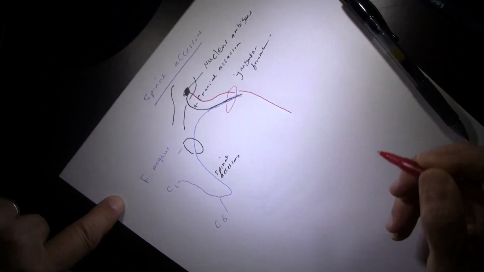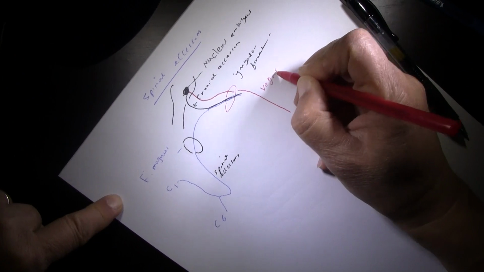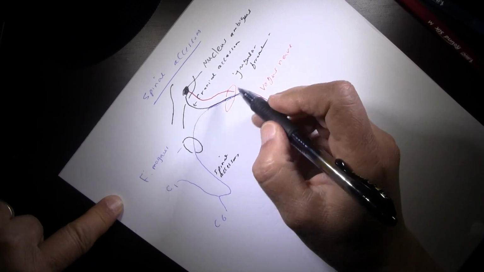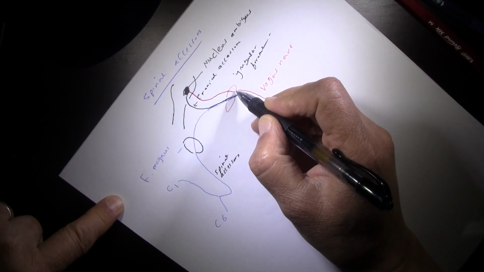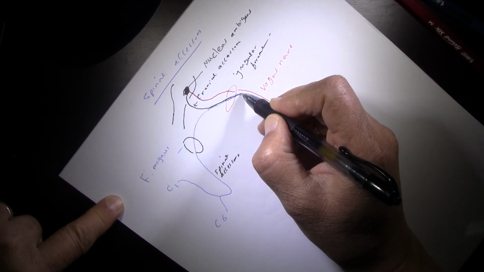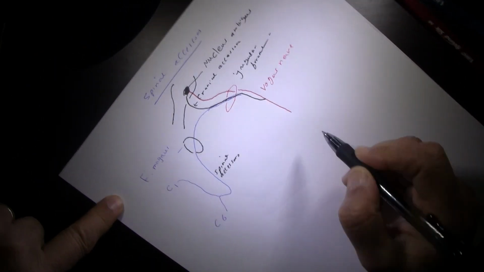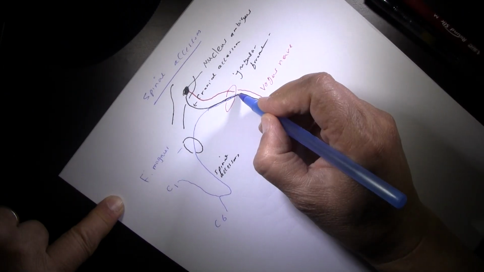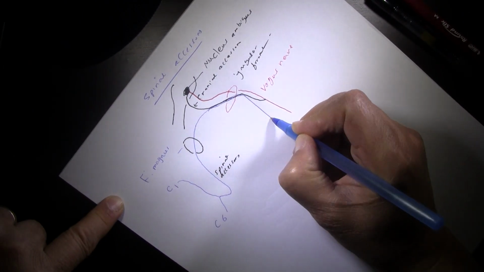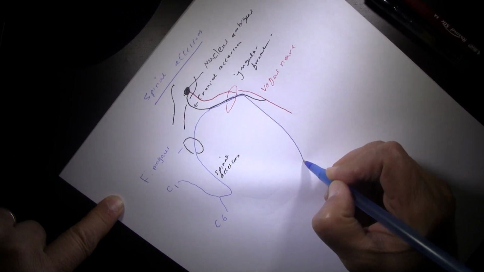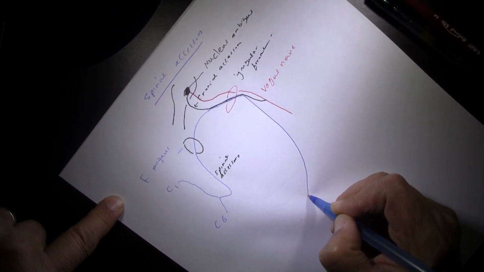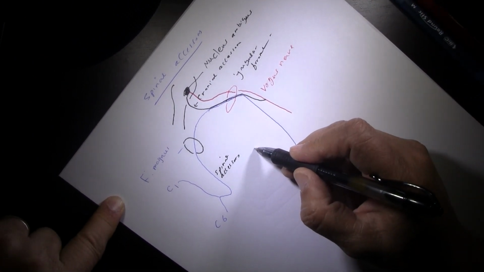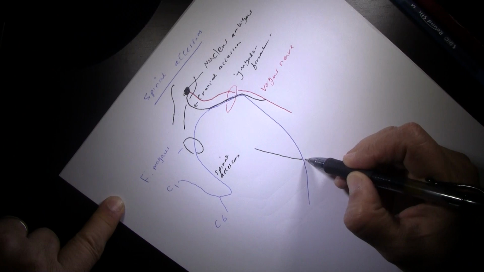However, the spinal accessory nerve travels through the neck posteriorly, where it penetrates the sternocleidomastoid muscle.